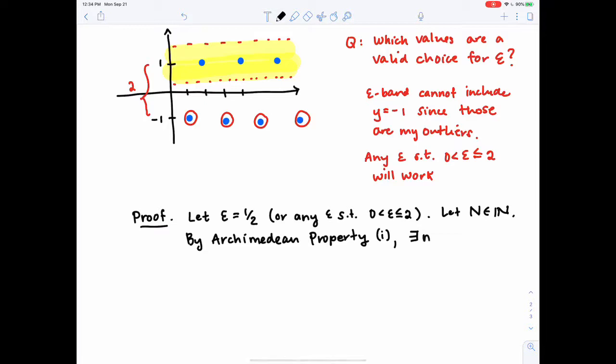There exists a little n greater than or equal to capital N. Now, either that little n that we've found is odd, in which case it's the outlier we're looking for because it evaluates to -1 in my sequence, or maybe I could use little n plus 1. If you want to be really clever, we could say that 2n plus 1 is greater than or equal to capital N.